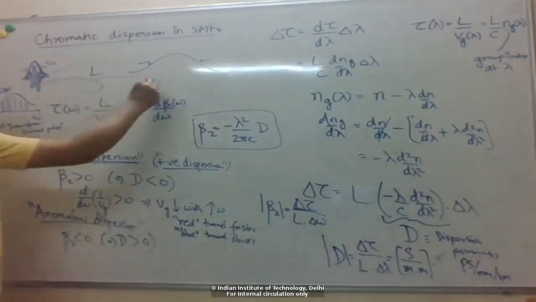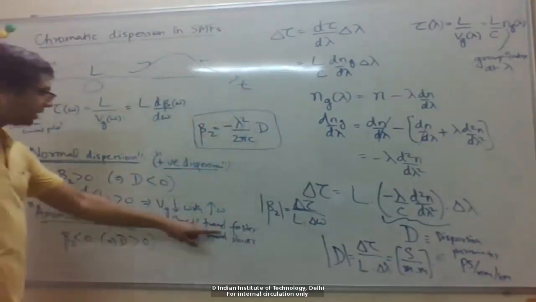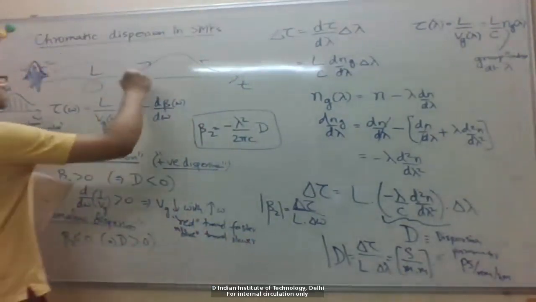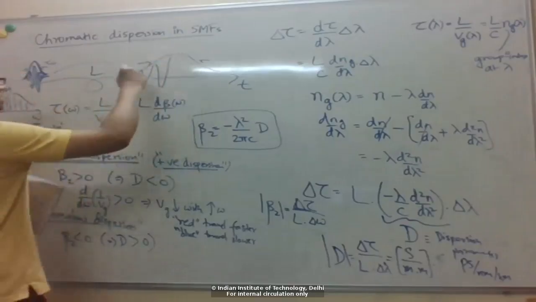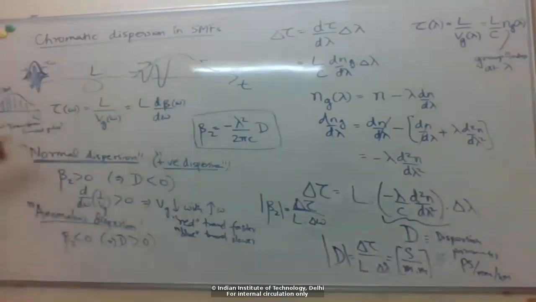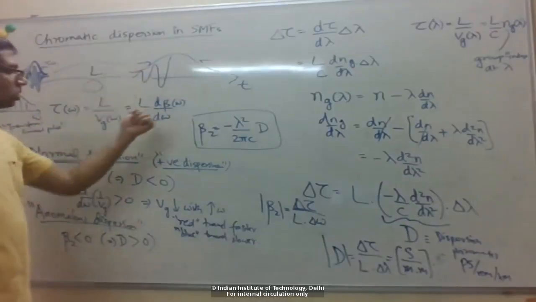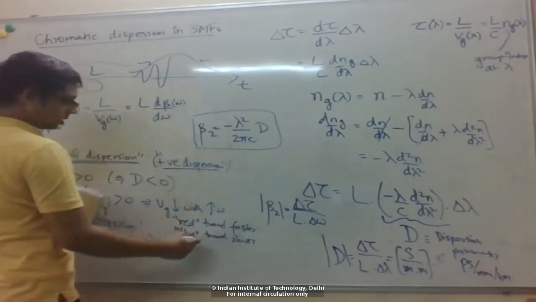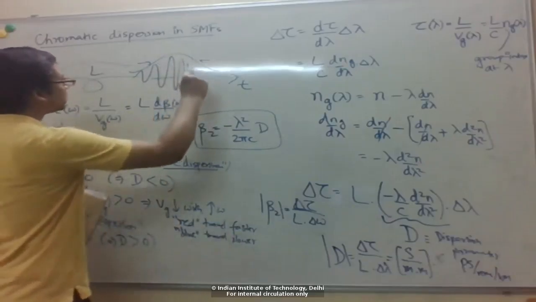Which means that at the receiver, if I am measuring the pulse with respect to time, I receive the lower frequencies, the red frequencies, first. Here you can see I'm exaggerating this a lot. Of course, for the scales we are looking at, you'll have many oscillations here, but I'm just exaggerating this to show the effect. Then as you go towards longer times, the higher frequencies arrive later, so the frequency starts going up.